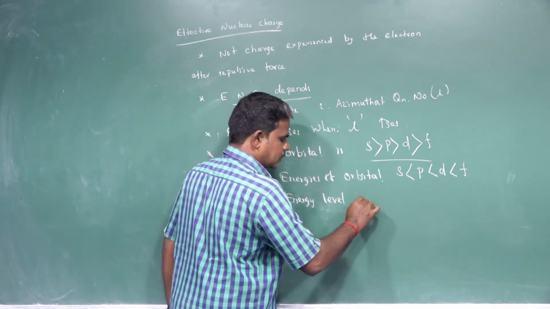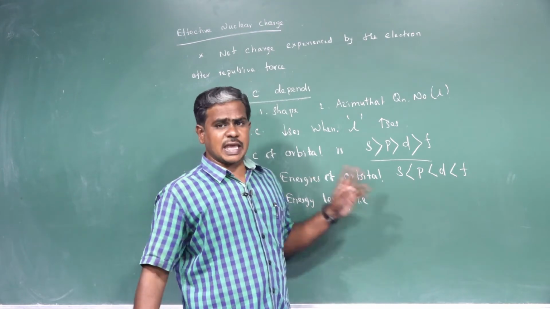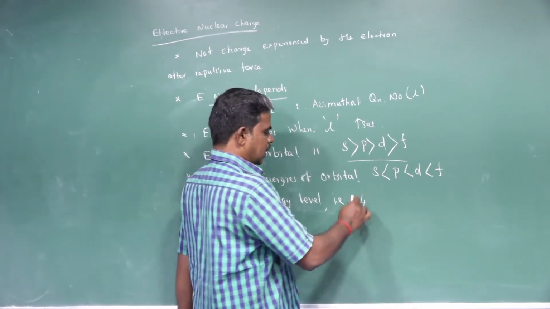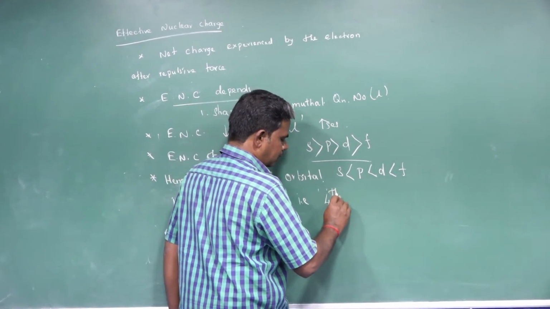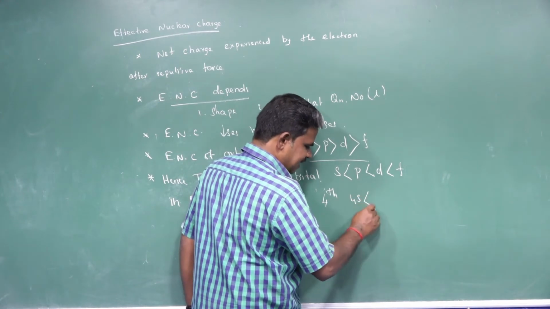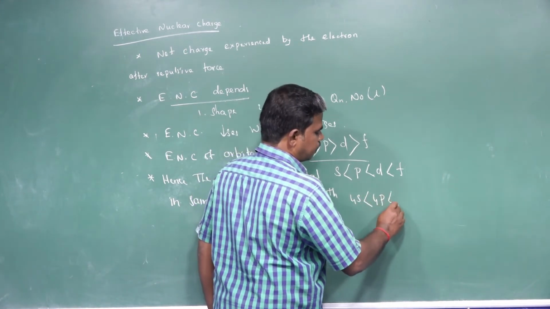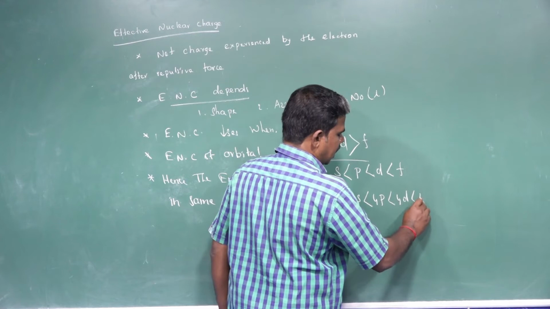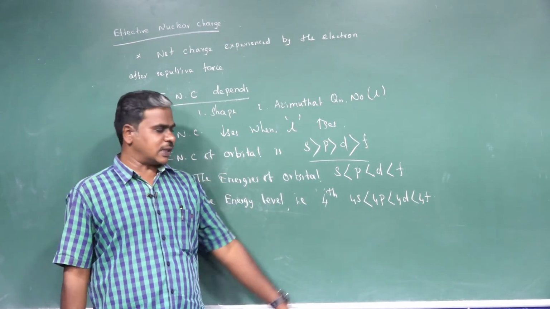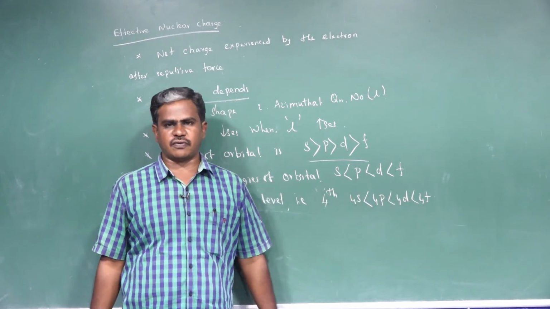Suppose we are taking the fourth level. In that fourth level, 4s has lesser energy than that of 4p, 4d and 4f.